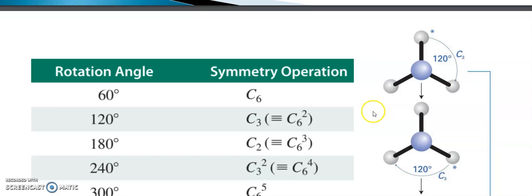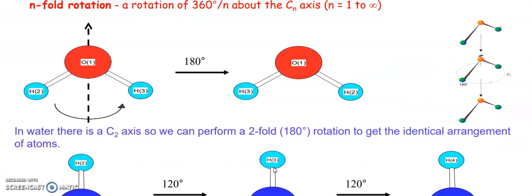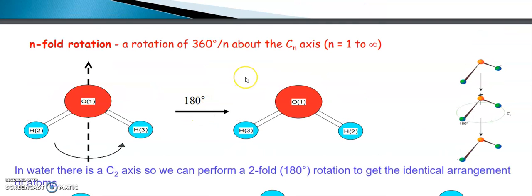So this is for trigonal molecules, if you rotate. Now n-fold rotation is a rotation of 360 divided by n about the Cn axis. n is equal to 1 to infinity.